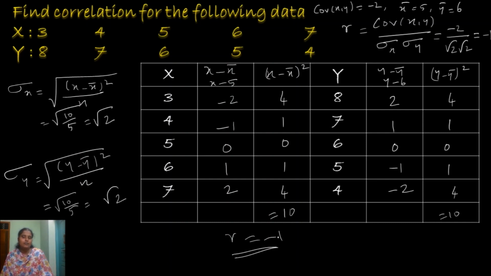That means one of them increasing means the other one decreasing as well. Here 1 represents a perfect correlation, and here there is a minus. So based on this value, as I said already, if r takes the value minus 1, that means there exists a perfect negative correlation between the two variables.